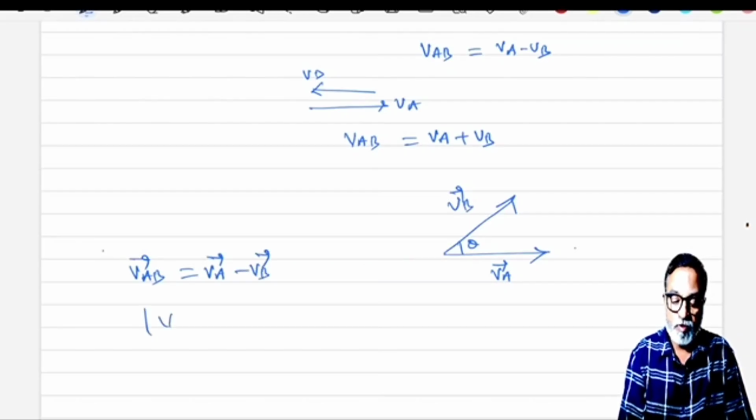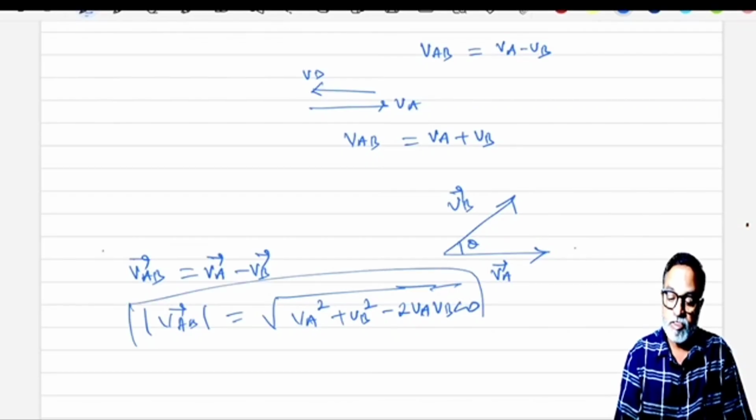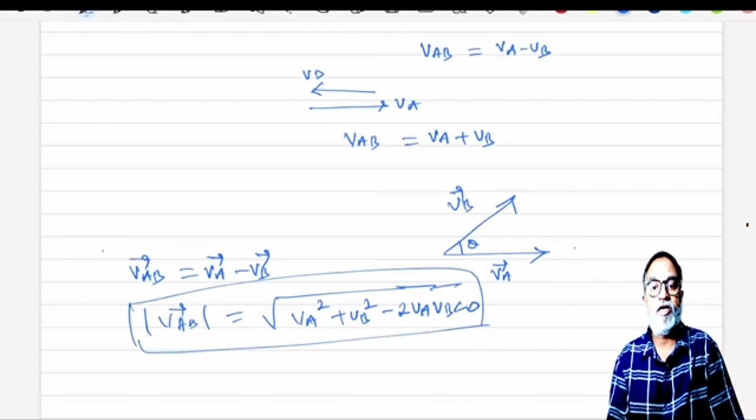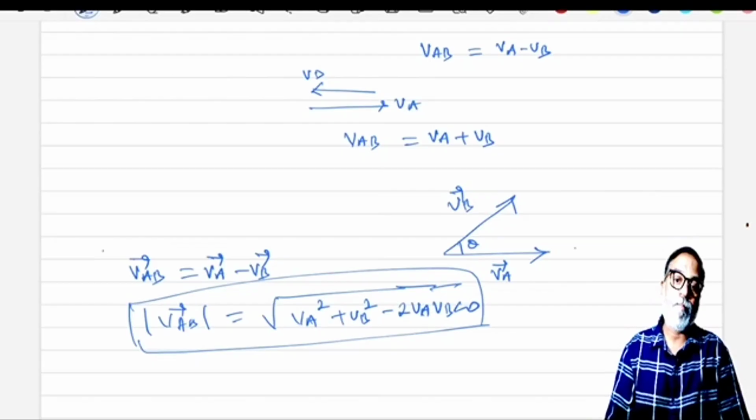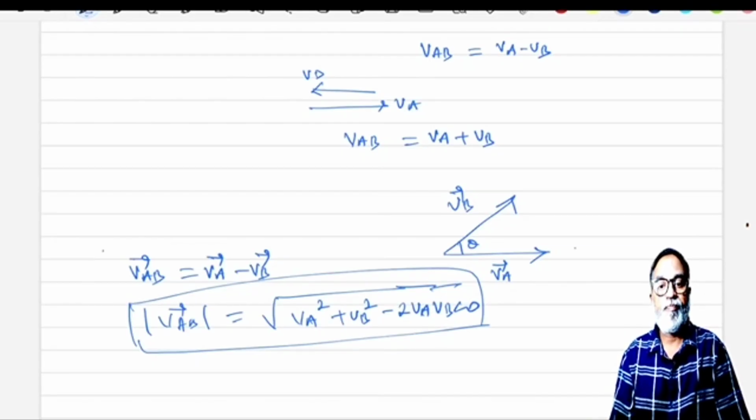The magnitude of relative velocity is equal to square root of VA square plus VB square minus 2 VA VB cos theta. This is the magnitude of relative velocity in 2 dimensional motion. So this concept we are going to use in this video.